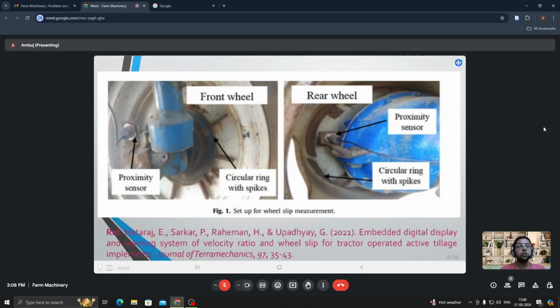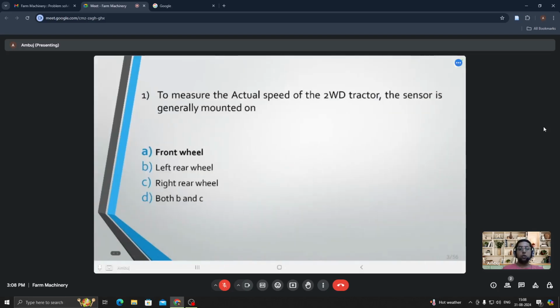In this particular question, it is asked that to measure the actual speed of the 2WD, two-wheel drive tractor, you have to mount the proximity sensor either on the front wheel or on the rear wheel, or both B and C, the left and right rear wheels.